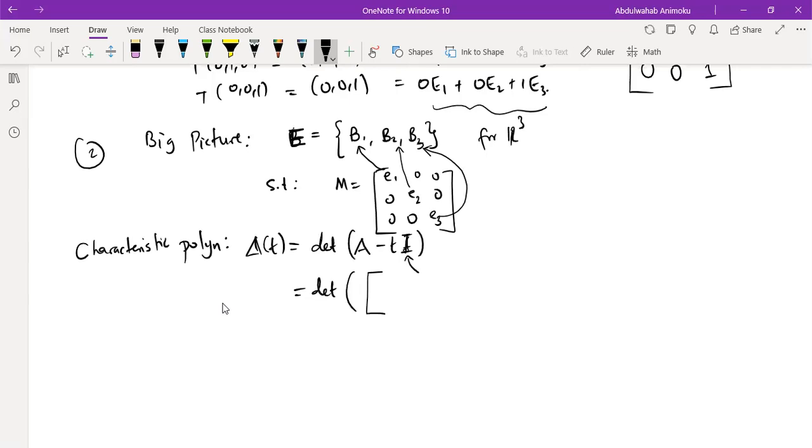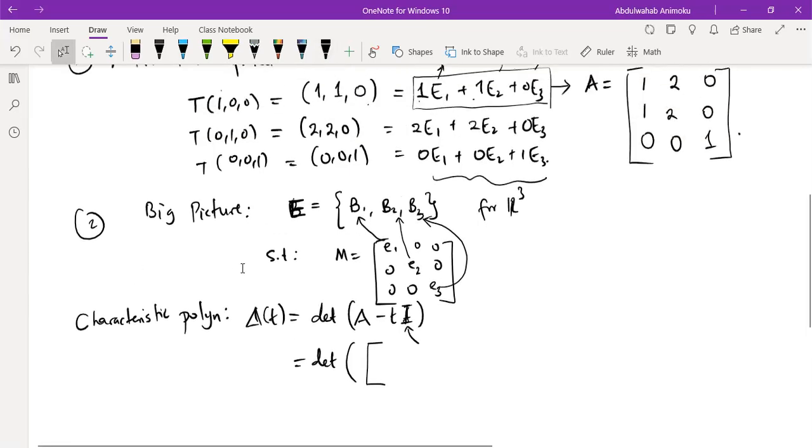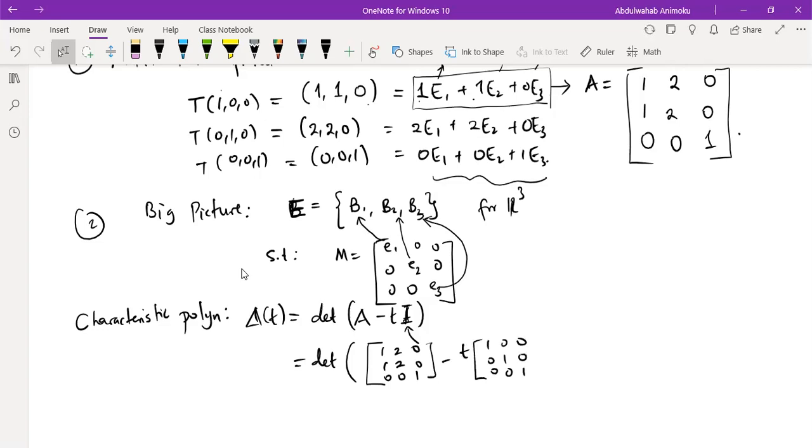Remember the A that we got; let's quickly write the matrix again. 1, 2, 0, 1, 2, 0, 0, 0, 1, right? Minus t times I. So this is what we have, and basically this will give us the determinant of 1 minus t, and so on.